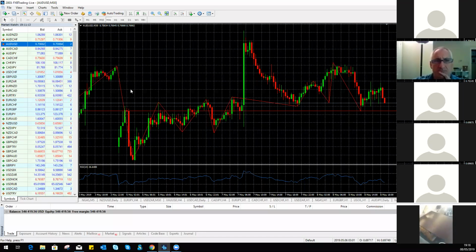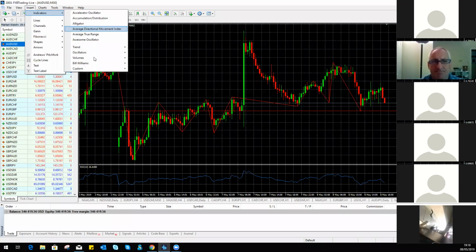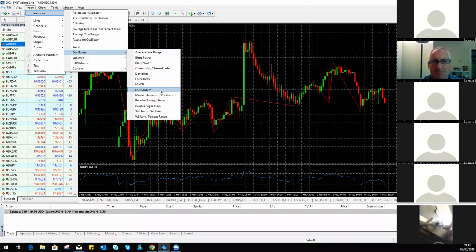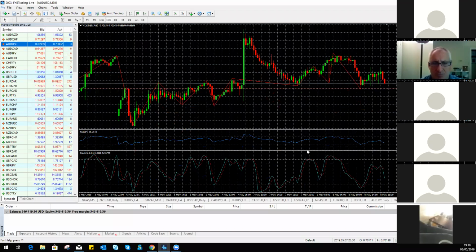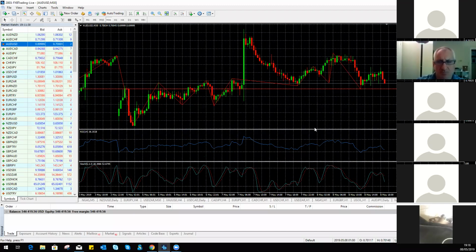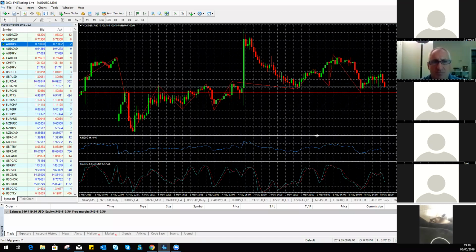No. Okay. All right. So what I'm going to do is add another indicator, which is part of my setup. This indicator is also an oscillator. It's called the stochastic oscillator. Being an oscillator, again, it is depicted on a separate graphical window beneath my chart.